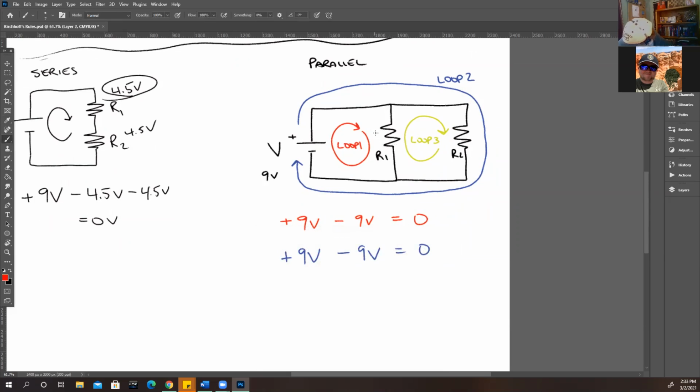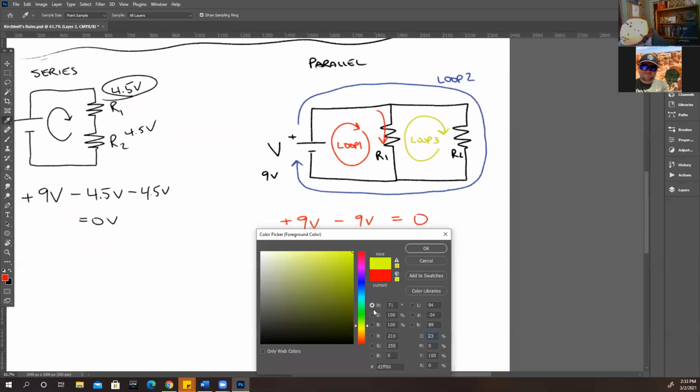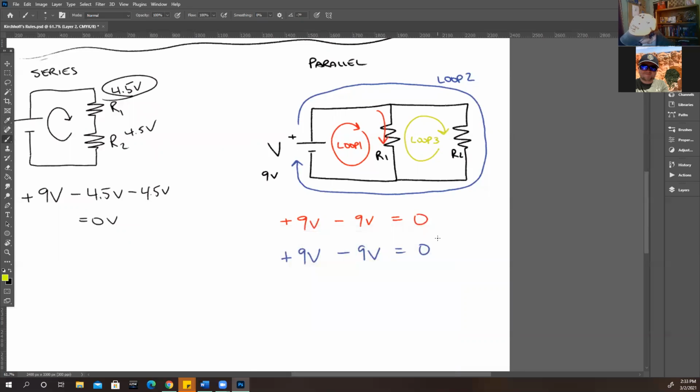Since I have this first loop that's going like this, that way through R1, and I have, in yellow again, loop 3 that's going this way, and it's going that way through R1.